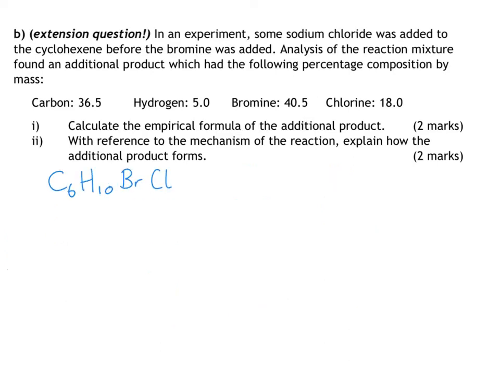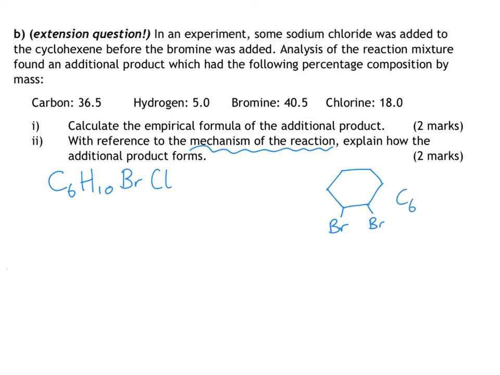So the next question says, with reference to the mechanism, explain how the additional product forms. So let's just think about what the original product was. So we drew a structure which was essentially cyclohexane in which there were 2 bromines. Now if I was to think of the formula for that, it's obviously going to be C6.